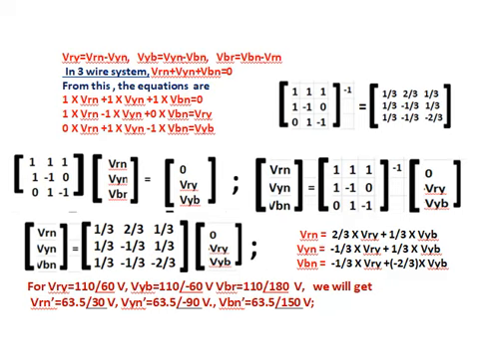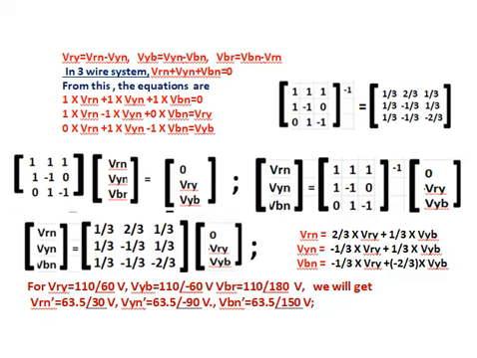That is, the matrix [VRN, VYN, VBN] equals the inverse of [1, 1, 1; 1, minus 1, 0; 0, 1, minus 1] multiplied by [0, VRY, VYB]. So [VRN, VYN, VBN] equals [1/3, 2/3, 1/3; 1/3, minus 1/3, 1/3; 1/3, minus 1/3, minus 2/3] into [0, VRY, VYB].